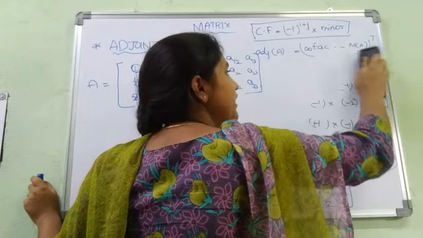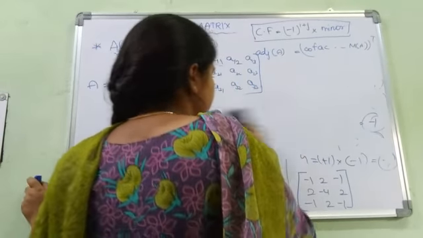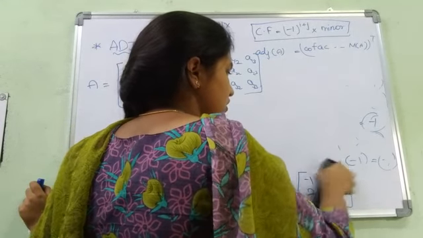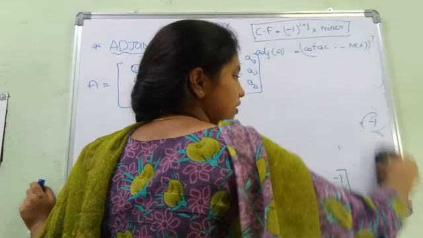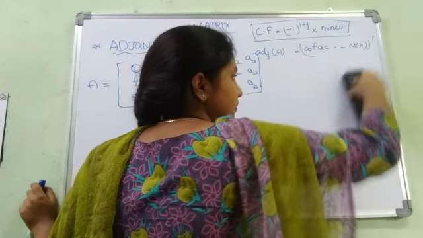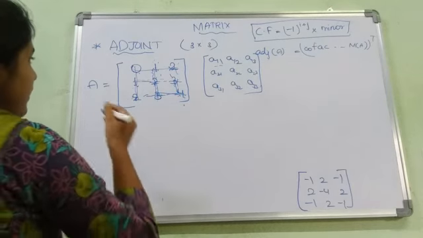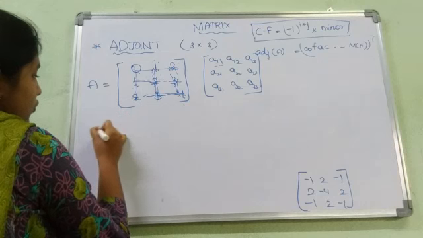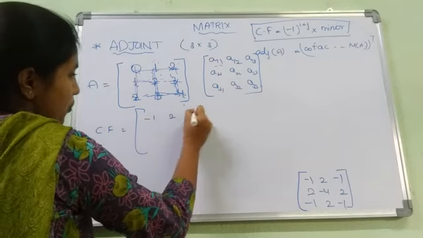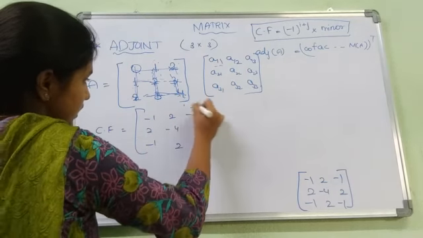Now what have you found? The cofactor matrix of A. Now what do you need to do? We need to take the transpose of matrix A's cofactor matrix, which we got as minus 1, 2, minus 1, 2, minus 4, 2, minus 1, 2, minus 1.